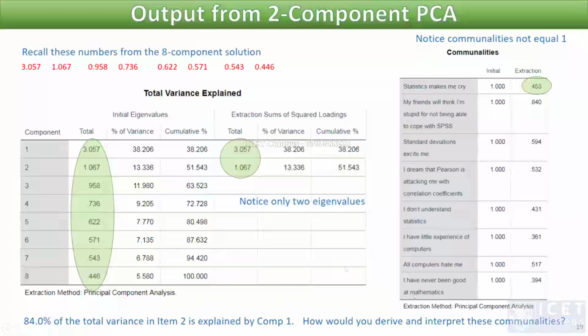Actually, if we add this, right? So nearly 84% of the total variance is explained, right? So that is how we can do this dimension reduction.